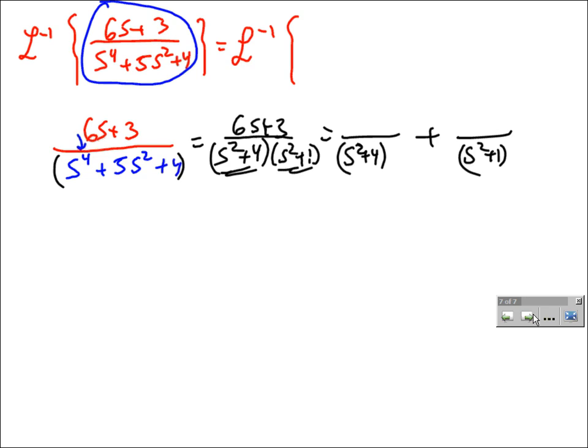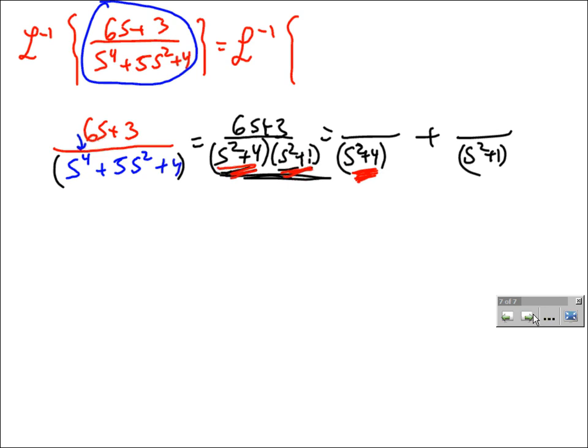But I want these two fractions to have this denominator. Well, they don't. The first one just has s squared plus 4. So I need s squared plus 1. Oh, you mean I want to change this? Oh, so hold on a moment.